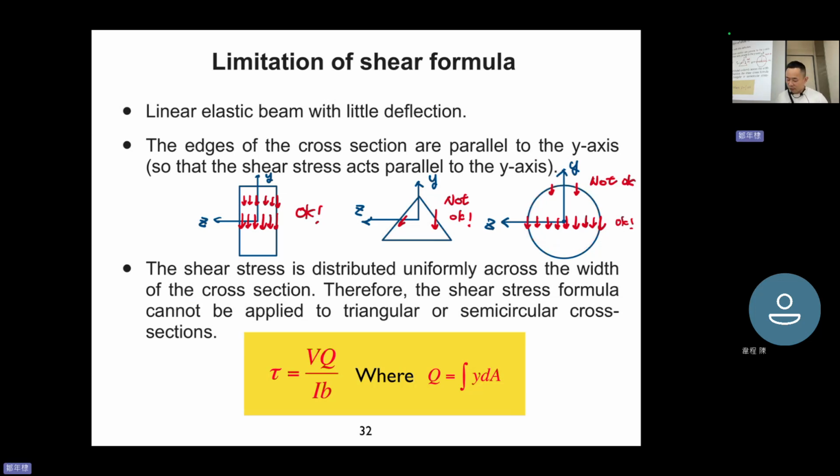Only if you focus on the neutral axis for the circle shape, luckily, the shear has a boundary parallel to the y. That's why this line satisfies the condition that we proved in the rectangle shape.